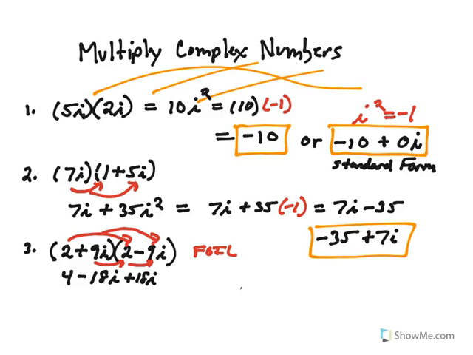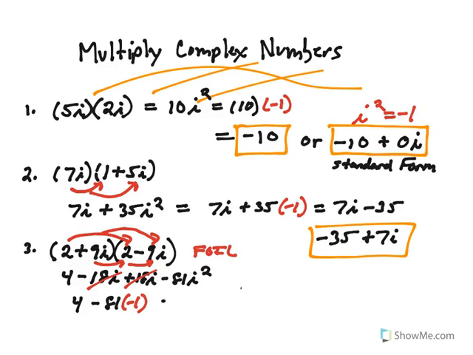Then, of course, 9i times negative 9i is negative 81i squared. We're going to replace that i squared with negative 1 again. Okay? So, the good news is that these cancel. Then you're just left with 4 minus 81 times a minus 1, because we're replacing the i squared with negative 1.